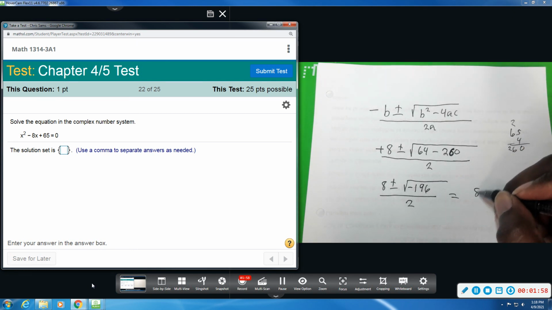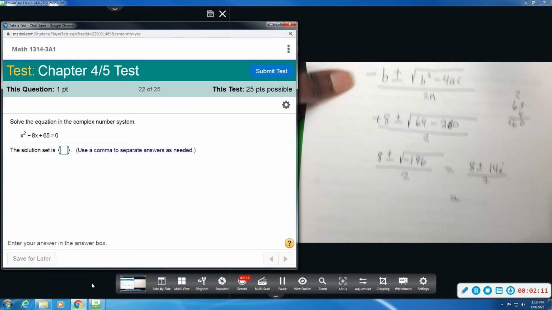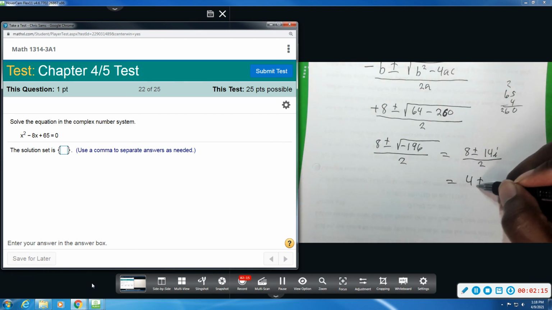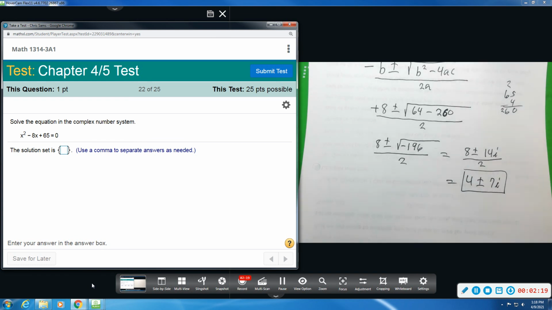So we get 8 plus or minus 14i, all divided by 2. And then we can divide these two terms by 2, and that will leave us with 4 plus or minus 7i. Okay, and we can leave it just like that, 4 plus or minus 7i.